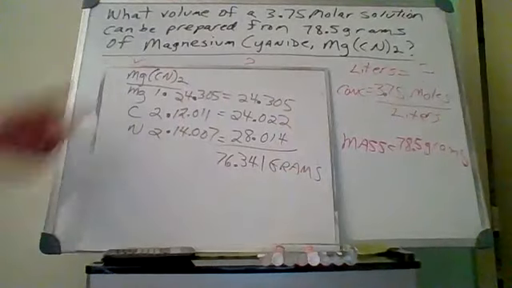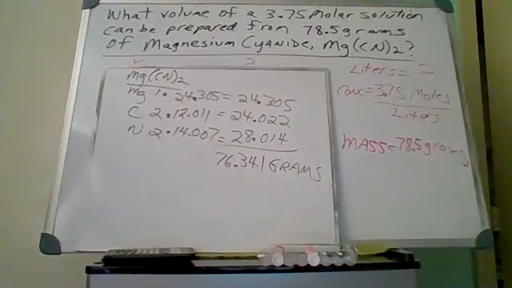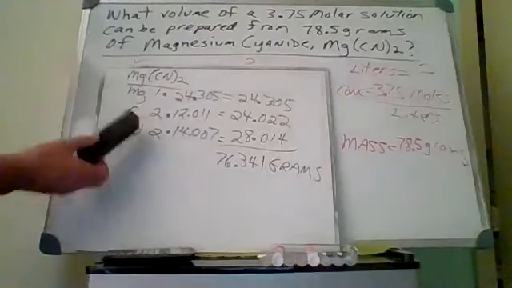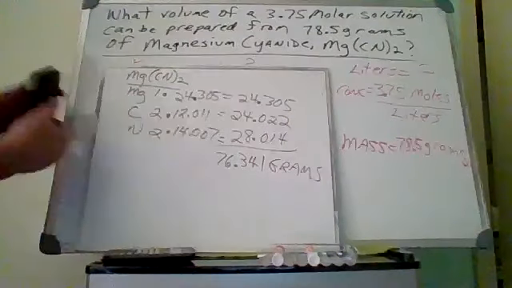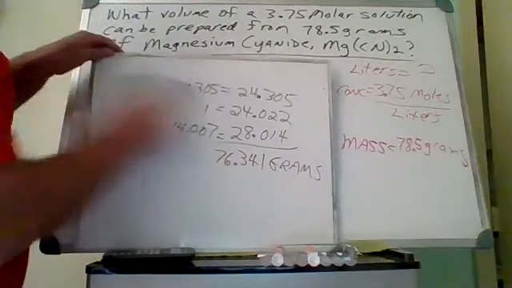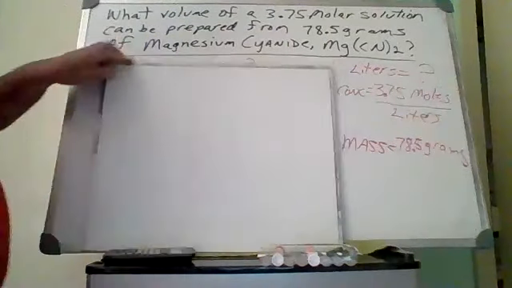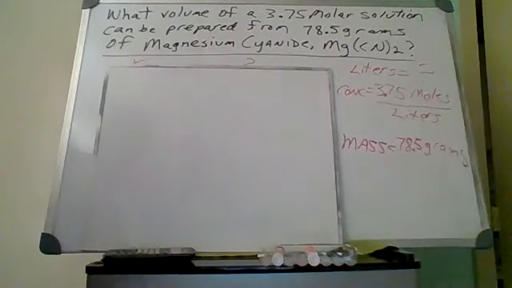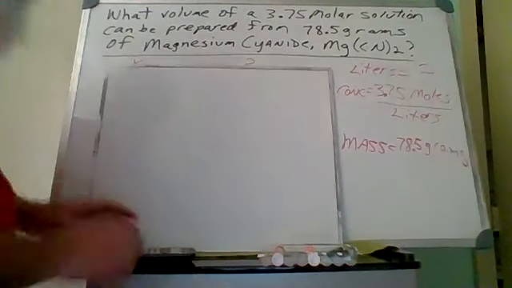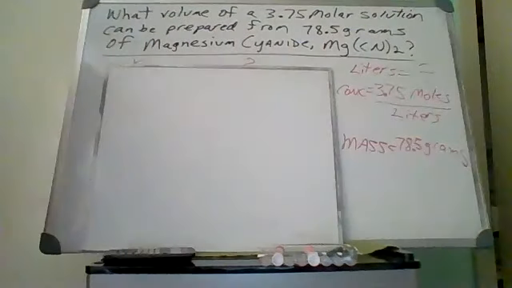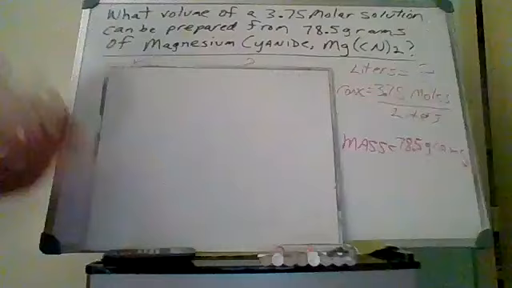Okay, now I'm going to do the mole concept problem on this little board. So I'm going to have to write kind of small. Okay, so again, we're going to convert these 78.5 grams into moles. So that means I don't know the moles.